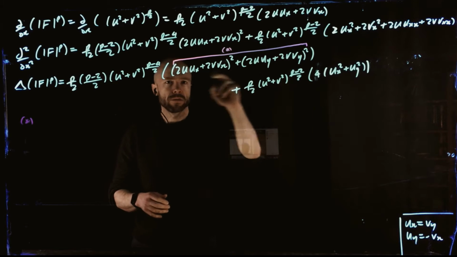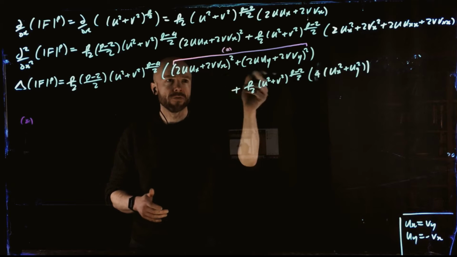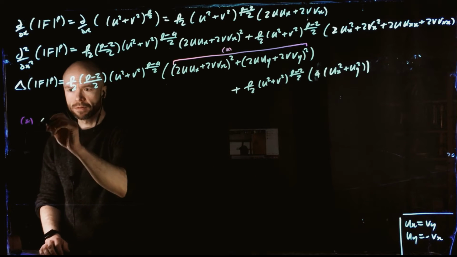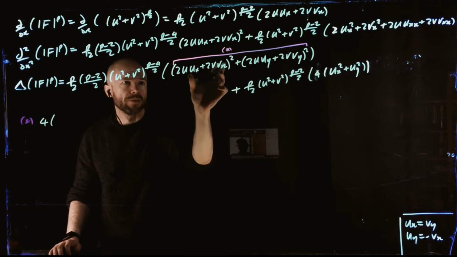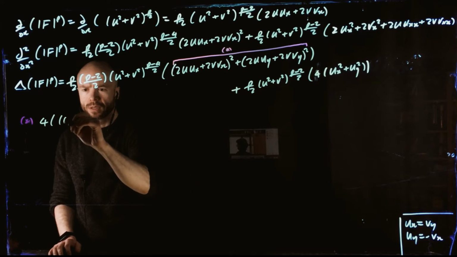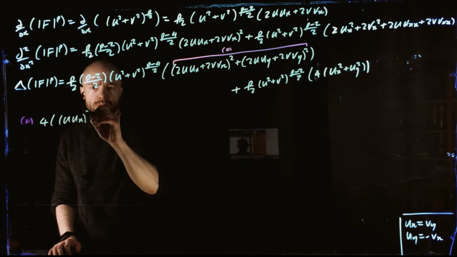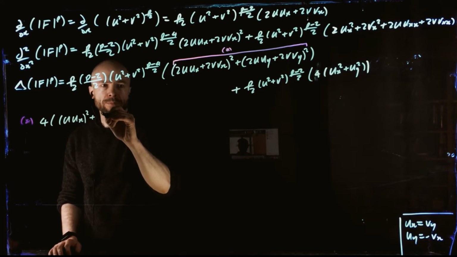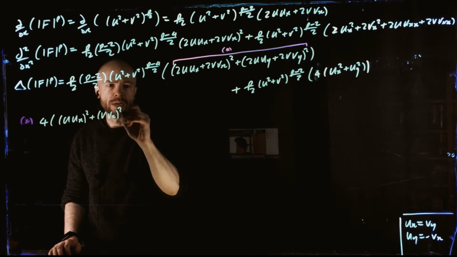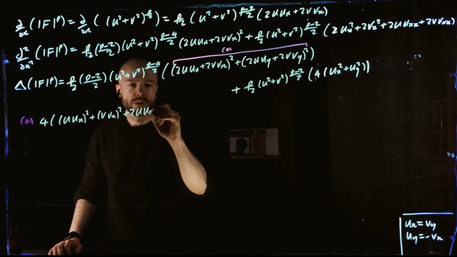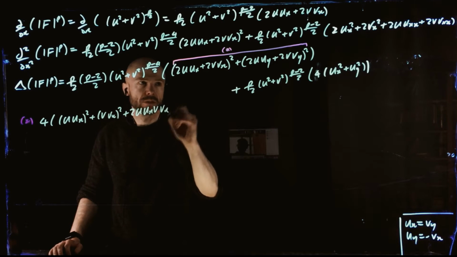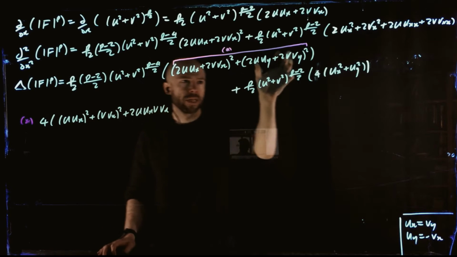So star. Let us pull out the 2's from everything, so that's going to be a 4 in front of everything for us, right? And then we're going to have this stuff squared, so we're going to have u of x squared, v of x squared, and then this mixed term, which will be 2u of x v of x, right? That's from expanding that stuff out.